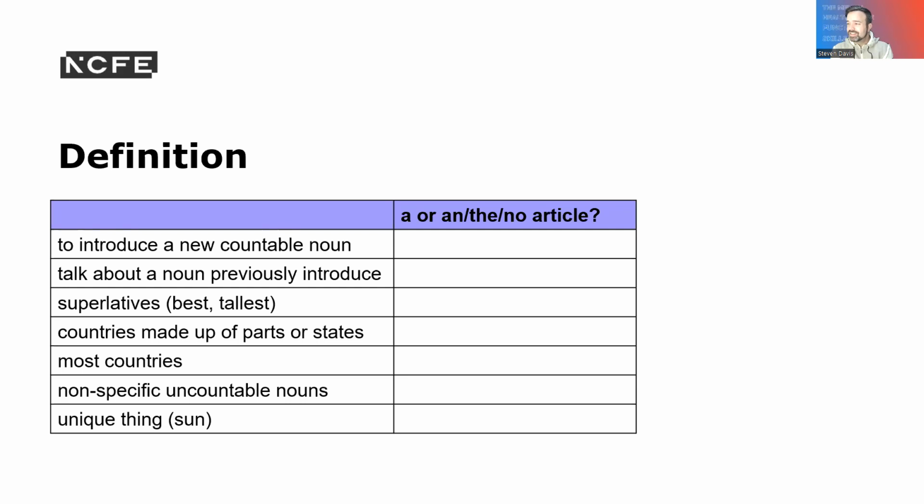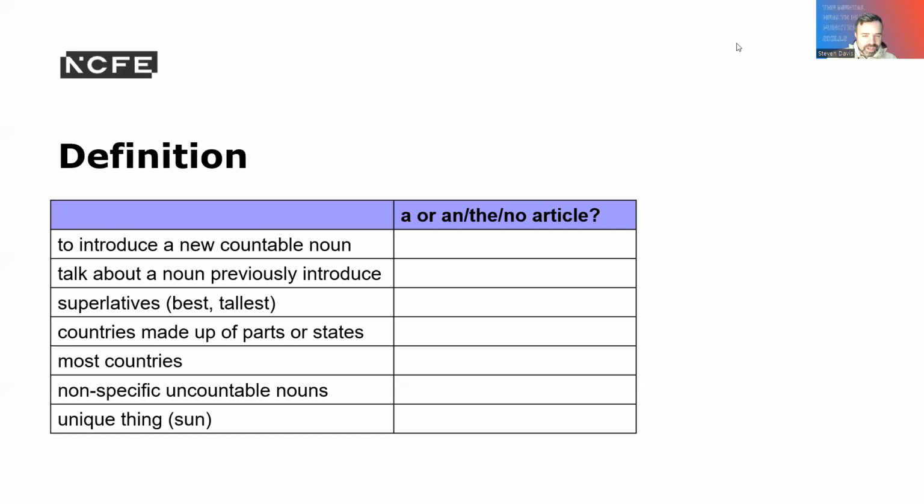Good. So, definitions then. To introduce a new countable noun, talk about a noun previously introduced, superlatives, countries made up of plural states, most countries, non-specific countable nouns, and unique nouns. Here we need to fill in the table, I think.